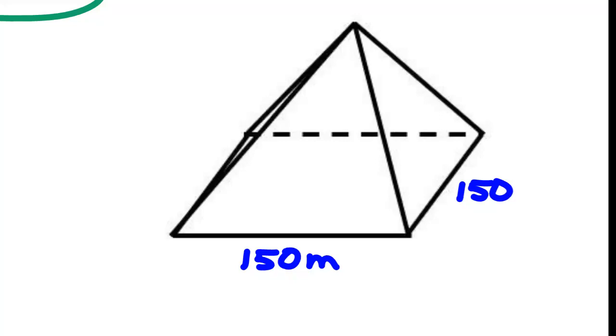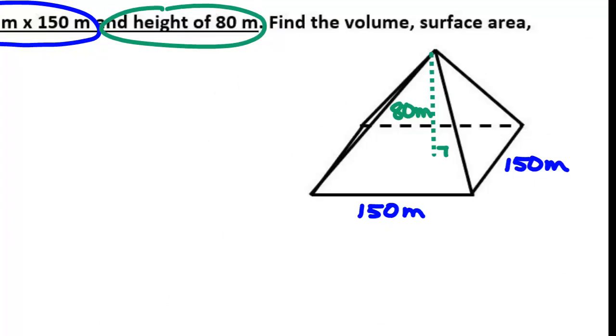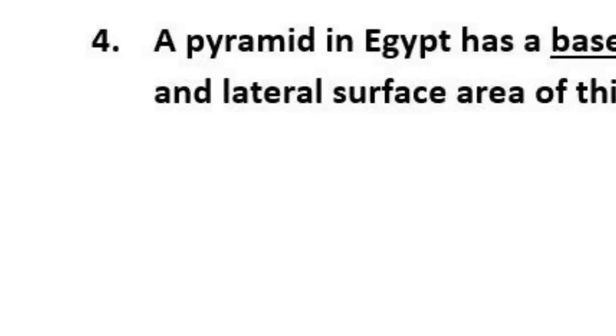This over here is also 150 meters. My height right here is 80 meters. It's going to make a right angle with my base. We are supposed to find the volume, the surface area, and the lateral surface area.